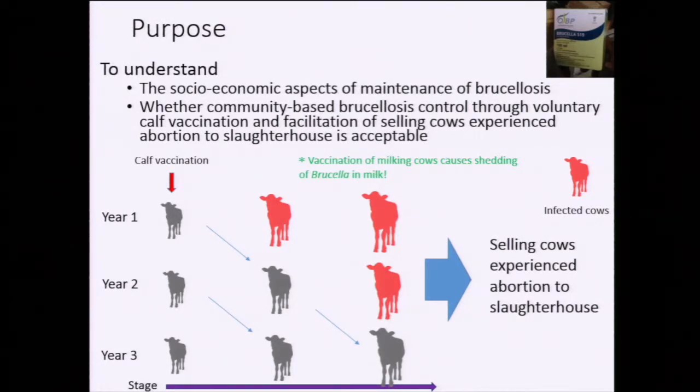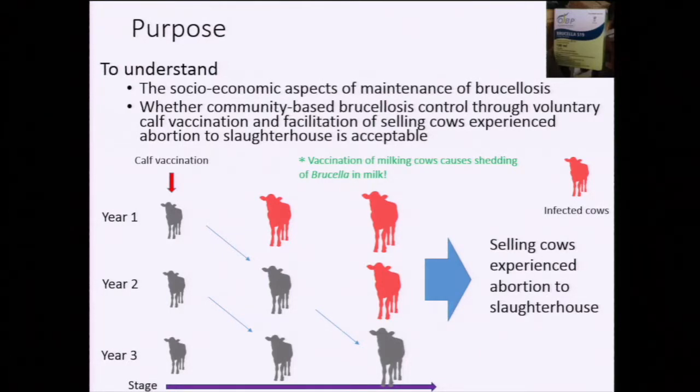In the first year, if you select only calves and vaccinate them, in the next year they get immunized, and by the third year, most of the herds will be immunized. Also, by selling cattle which experienced abortion, of course, I also know, as she presented, that other pathogens cause abortion.